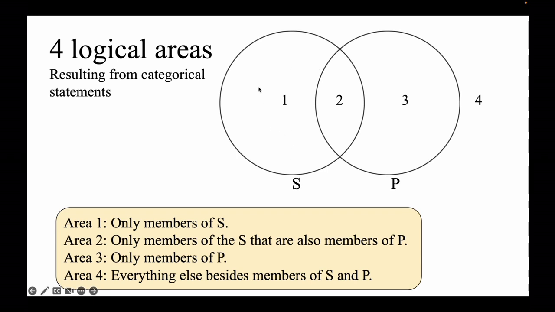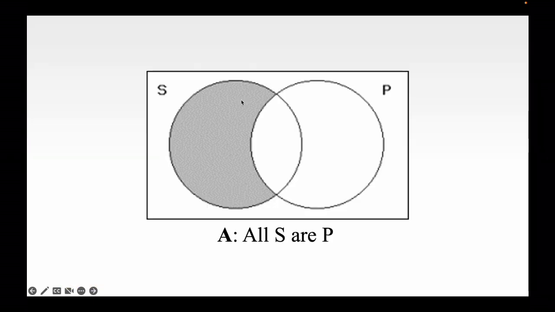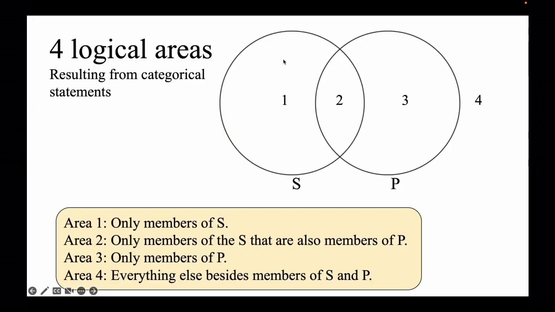Only bananas that are not yellow. In other words, here in area 1 you will find green bananas, red bananas, blue bananas, any banana that is not yellow. How many yellow bananas are you going to find here? Zero yellow bananas.